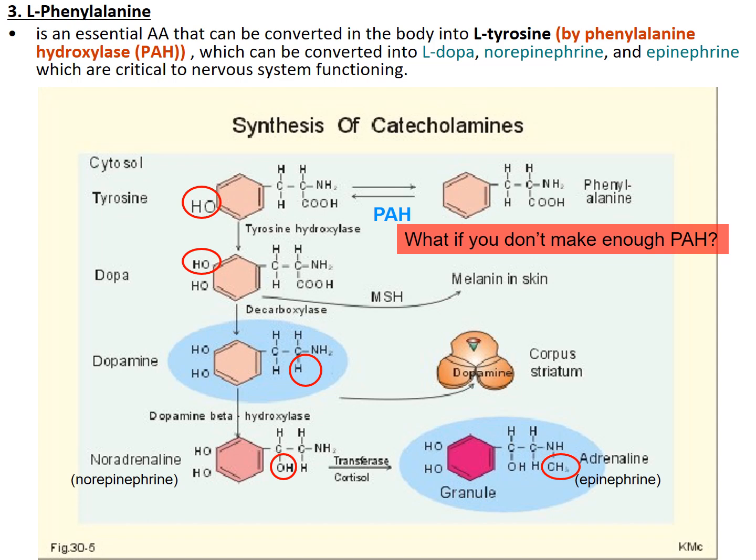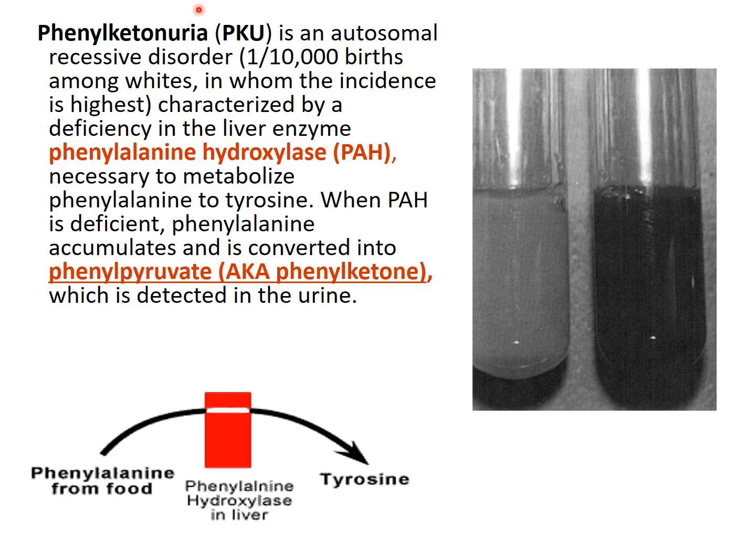What can we do if we don't have enough phenylalanine hydroxylase? If we have phenylalanine hydroxylase deficiency, phenylalanine will be turned into different molecules, which we call phenylketones. So phenylpyruvate is one of them.